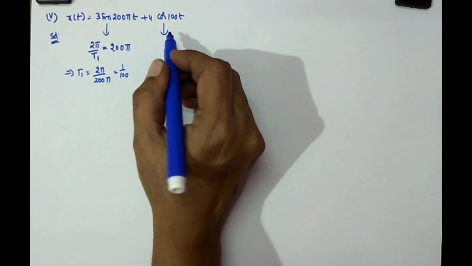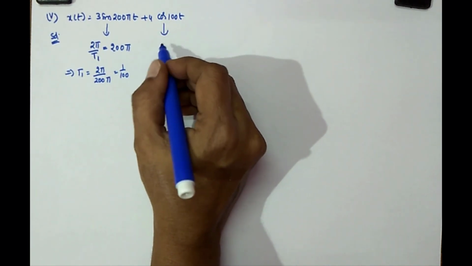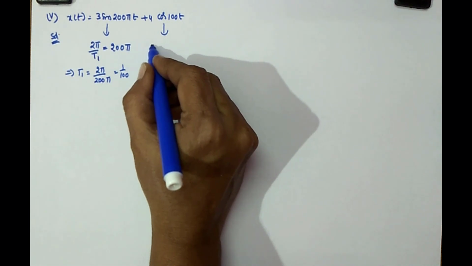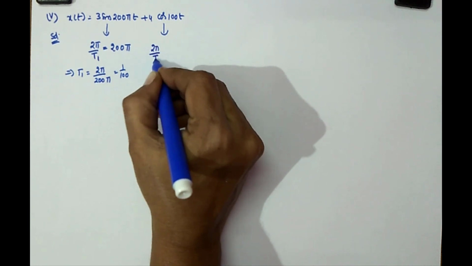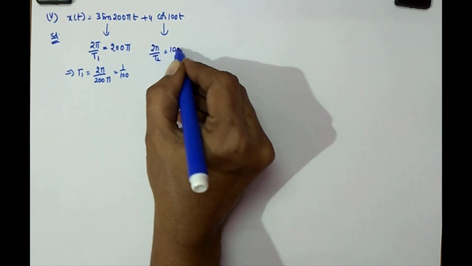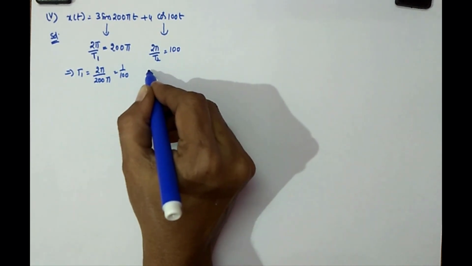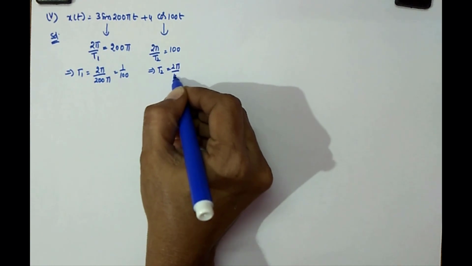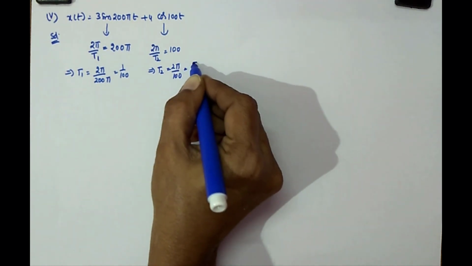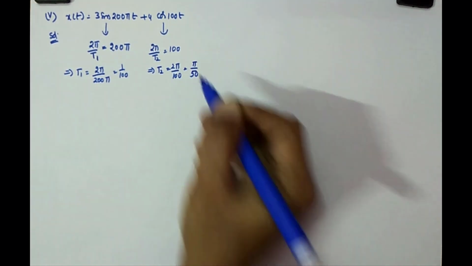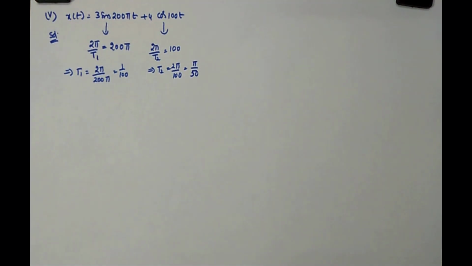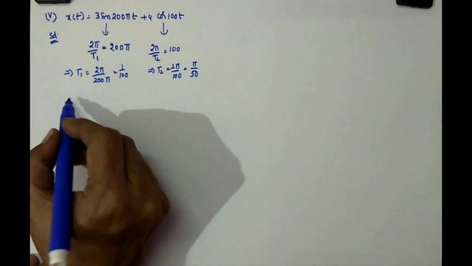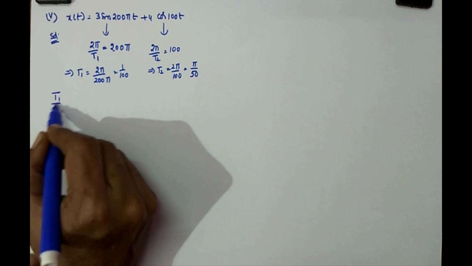In the same way, compare the second term with cos omega t. Then you'll get 2 pi by T2 as 100, so T2 is 2 pi by 100. What is this? Pi by 50. After finding T1 and T2, what did I say? Take the ratio.